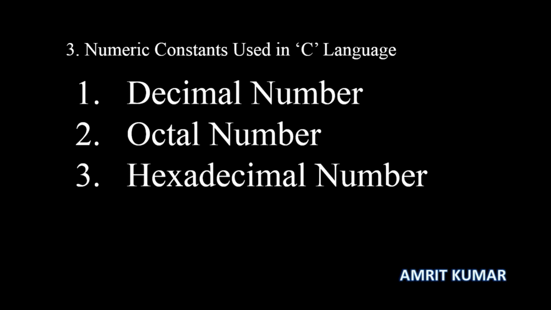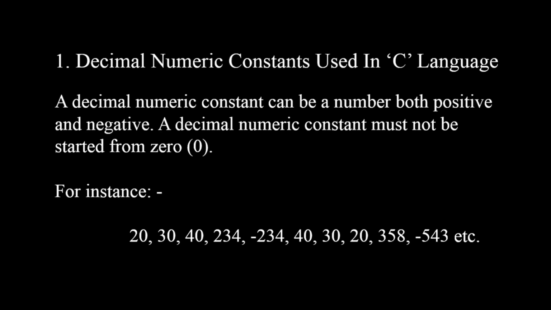Okay, so let's move on to the first topic, that is decimal number. A decimal numeric constant is used in C language. A decimal numeric constant can be a number, both positive and negative.